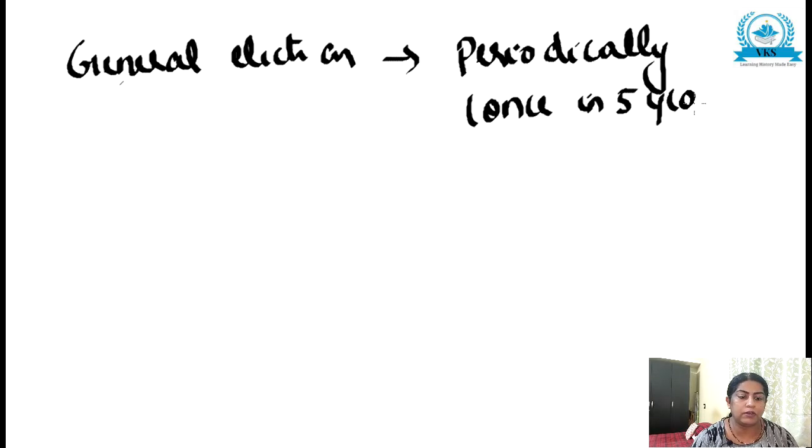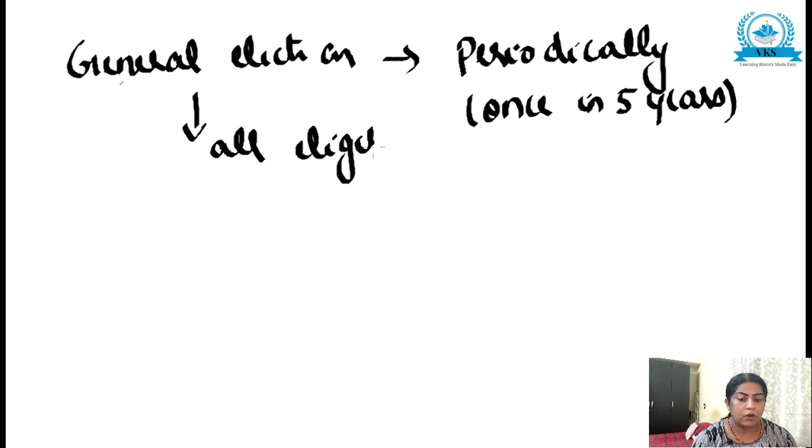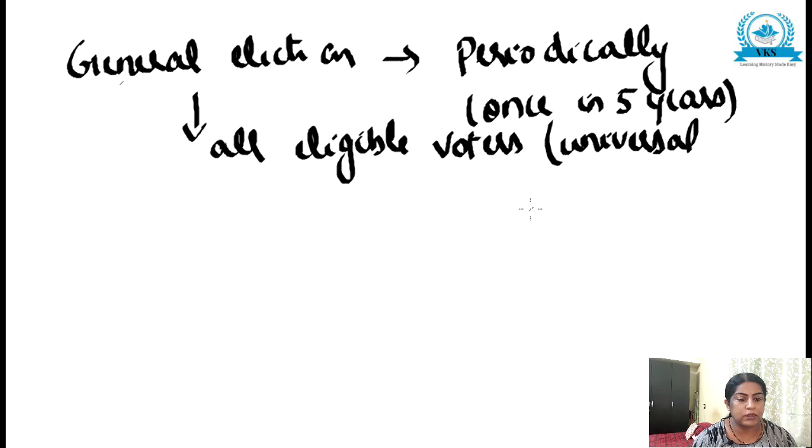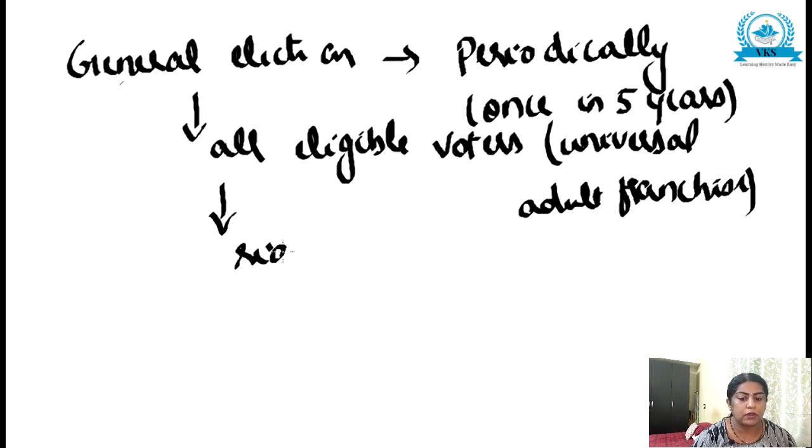In this general election, all eligible voters on the basis of universal adult franchise exercise their right to vote.